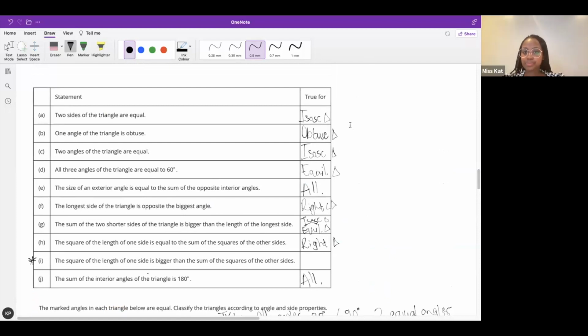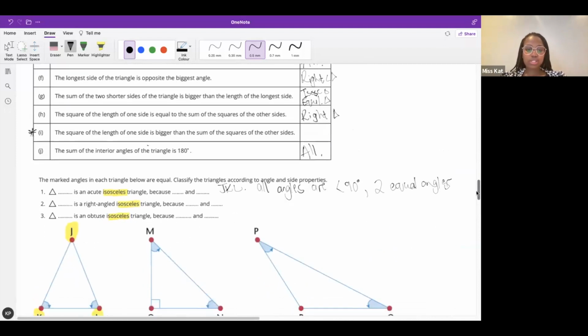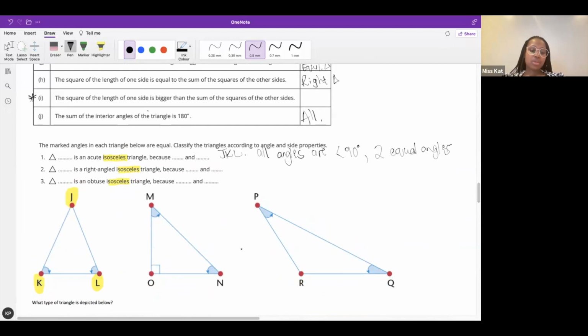Okay. And Zianda. So we've already established that these are all isosceles triangles, right? They have two equal angles. So MNO has to be a what? And even NOM is fine, Taylor, as long as you're following an order.